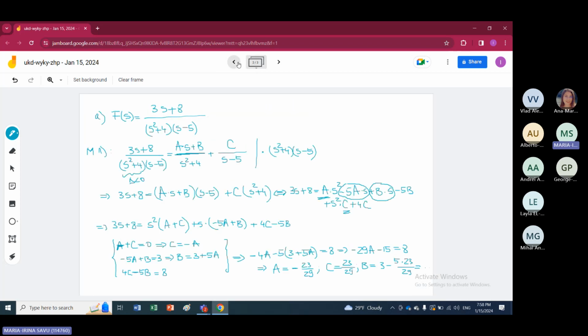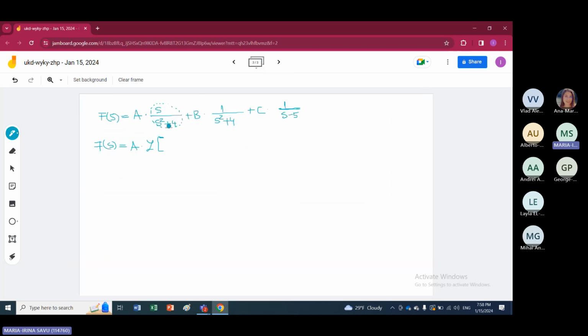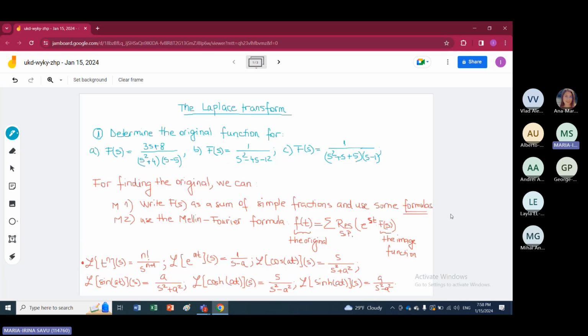So let's take a look at this list of formulas. Okay, let's go. You have here s over s squared plus 4. Okay, s over s squared plus 4. This is Laplace of what function? Well, let's take a look here.